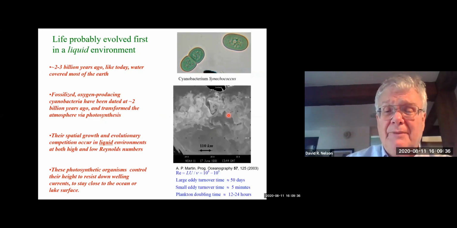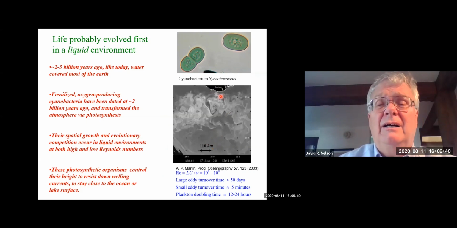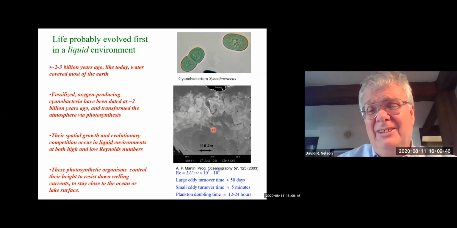Here's another picture, actually off the southern coast of Iceland, of a plankton bloom. It's quite a complicated, swirly pattern here in the northern Atlantic. Here's a scale of 110 kilometers.